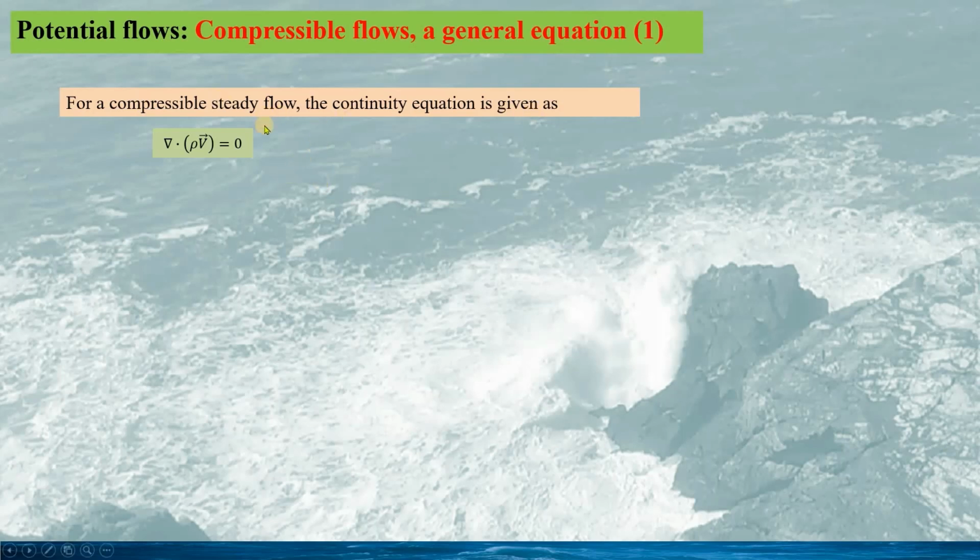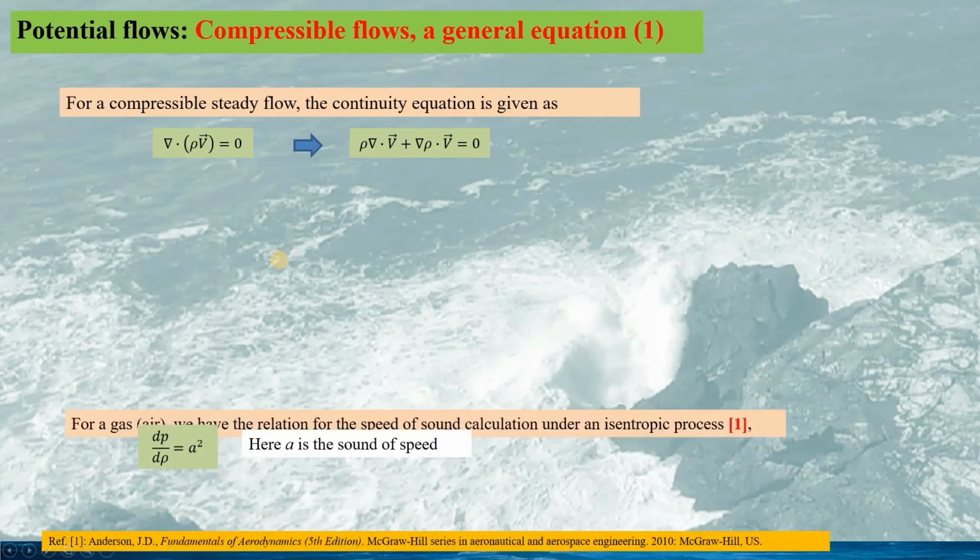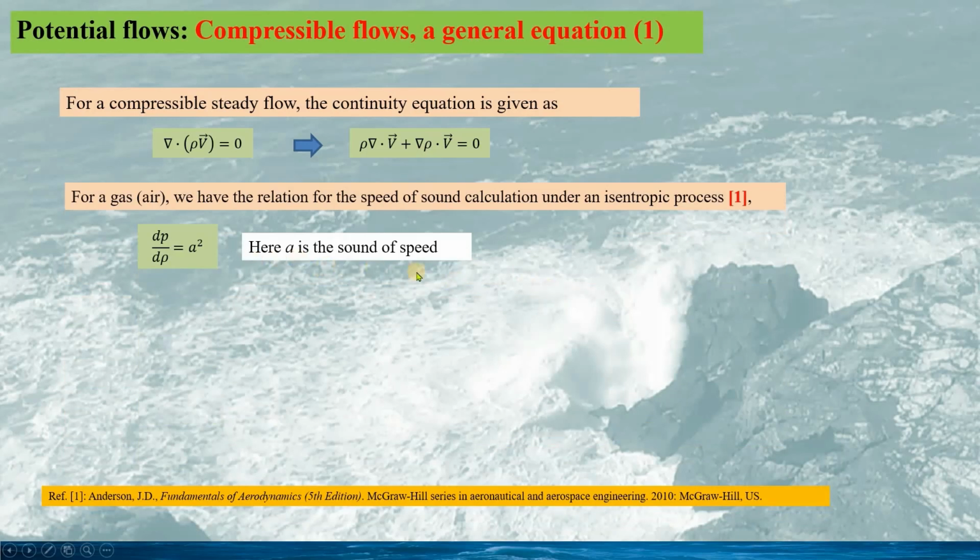For steady compressible flow, the continuity equation can be expressed as this, and the more detailed expression is given as this. For air, we can calculate the speed of sound under the assumption of an isentropic process. The equation is given as this.